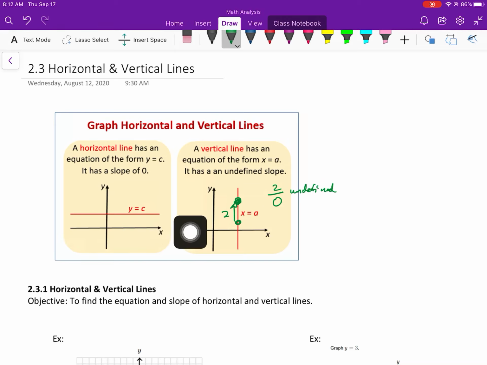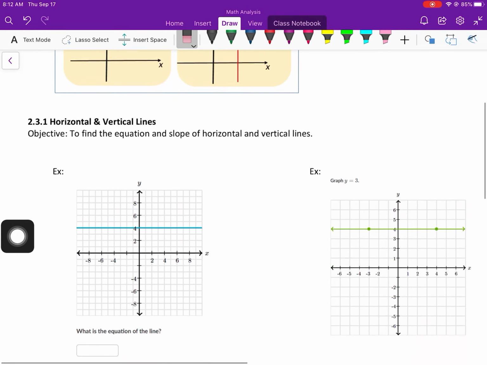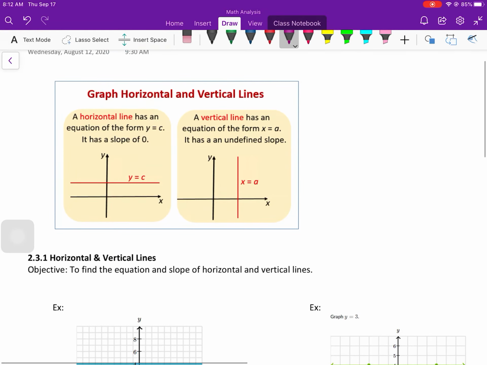So once again, the horizontal has 0 slope, vertical line has undefined slope. Another key thing, horizontal, remember horizon, if you forget about the difference between horizontal and vertical, horizontal is y equals because it's going through the y-axis, and vertical is x equals because it's going through the x-axis. That might be a quick and easy way to remember. So maybe I should make a note of that.